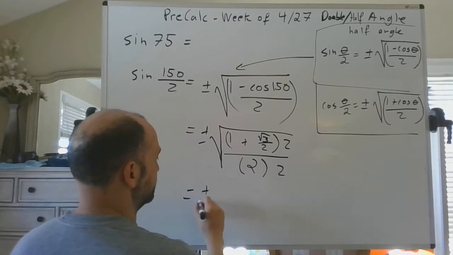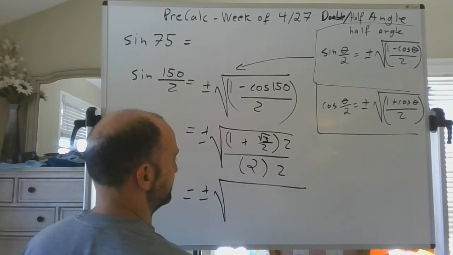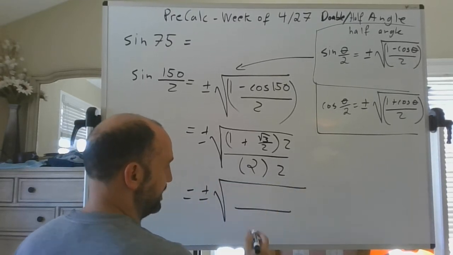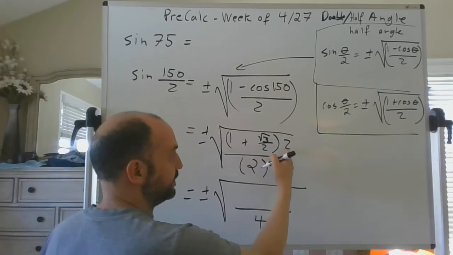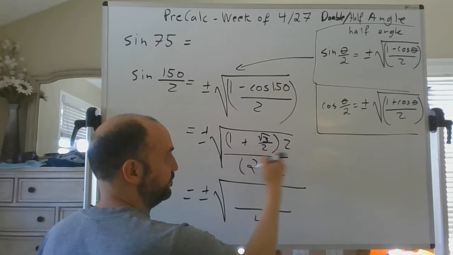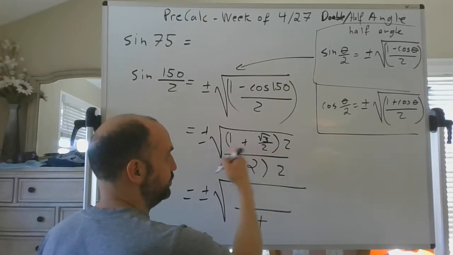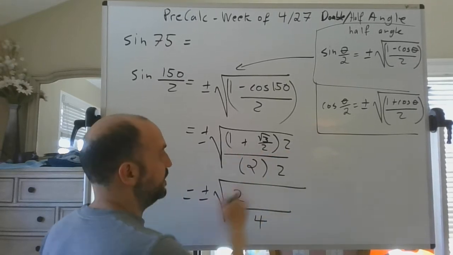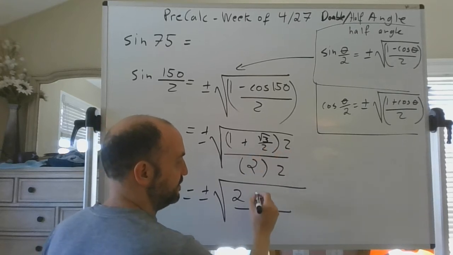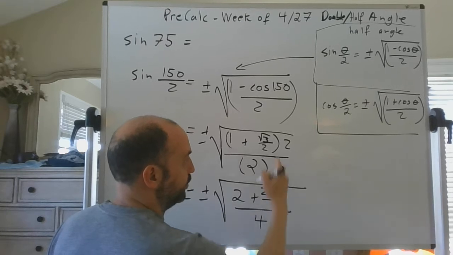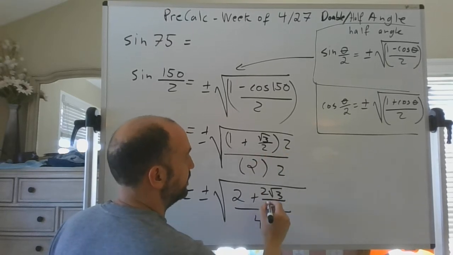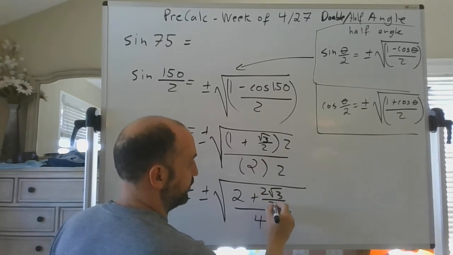That's going to equal 2. Watch what happens here. First of all, let's do the denominator. That's the easy part. That's going to be 4 there. And up here, when you're multiplying by 2, you have to distribute. You have to multiply it to both of these terms. So 2 times 1 is 2. 2 times that is just going to be 2 root 3 over 2.